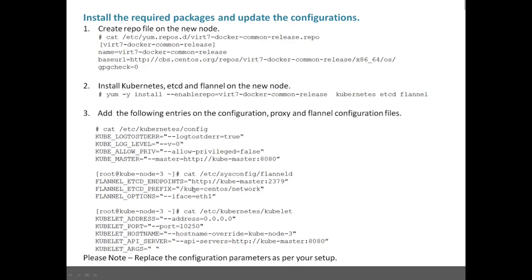I'm saying this is my network, and for interface, use it1 because my whole connectivity is over it1. Then in the Kubelet settings, I'm saying, okay, this hostname is this particular name. And for this one, API server would be kube-master over port 8080. This is something which I did similar to the setup which I had. But in your case, if you have some custom settings, make sure you are applying your settings here.